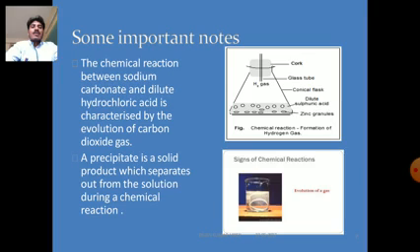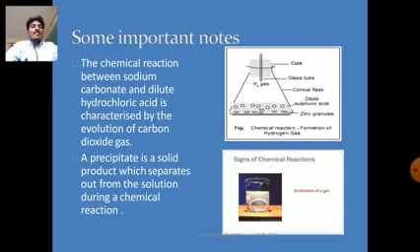We take one conical flask and a cork. We add dilute sulfuric acid and zinc granules to the conical flask. The zinc granules react with the dilute sulfuric acid and create hydrogen gas.